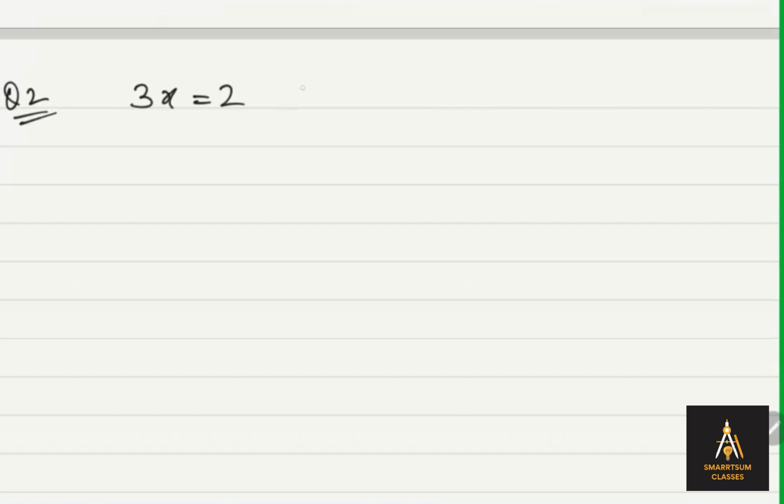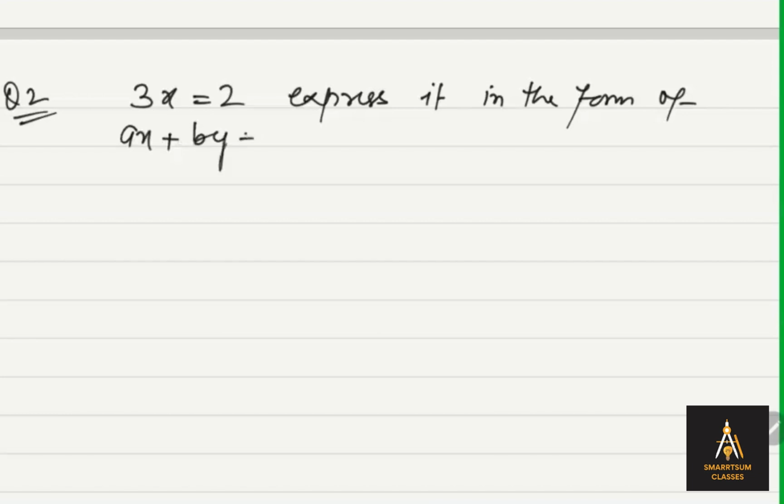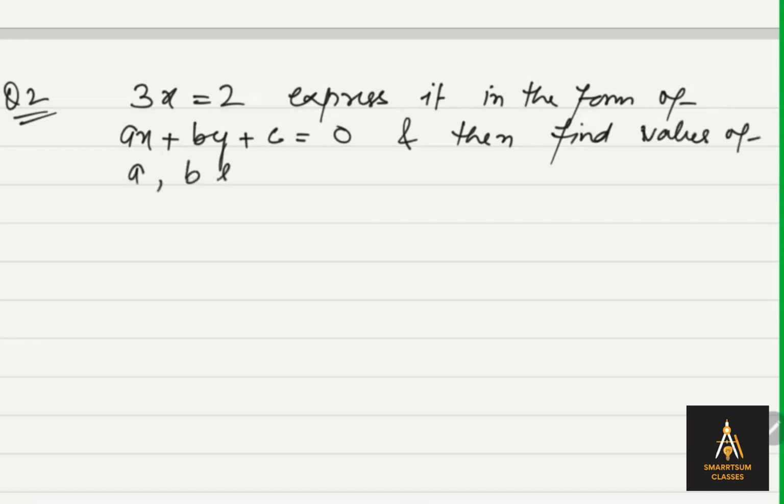So express this in the form of ax plus by plus c is equal to 0, and then find the values of a, b, and c. So what you have to do? You have to express this equation 3x is equal to 2 in the form of ax plus by plus c is equal to 0.